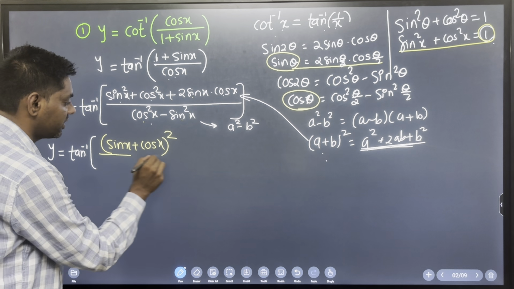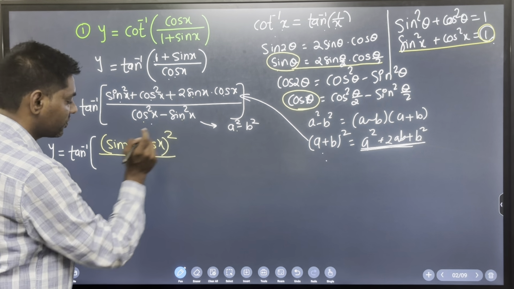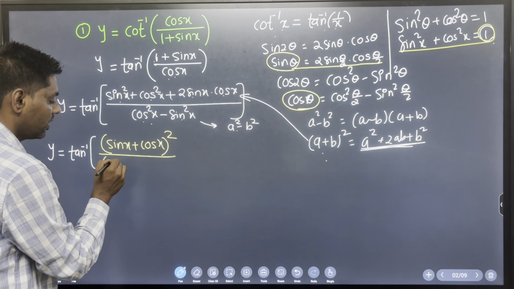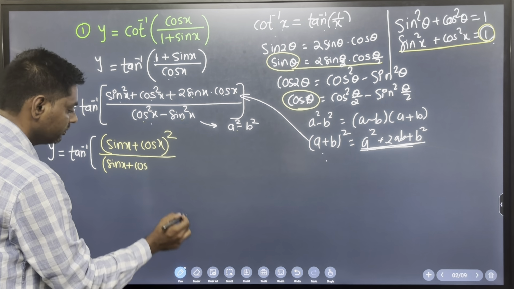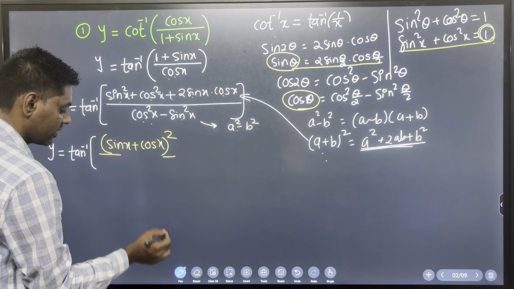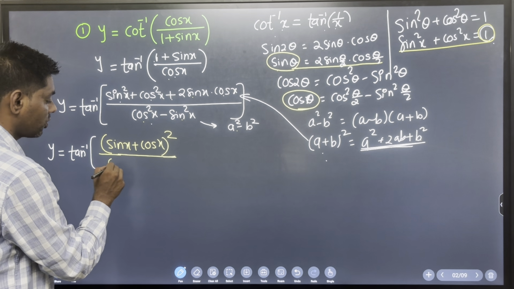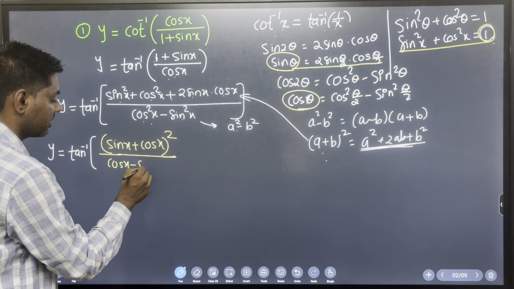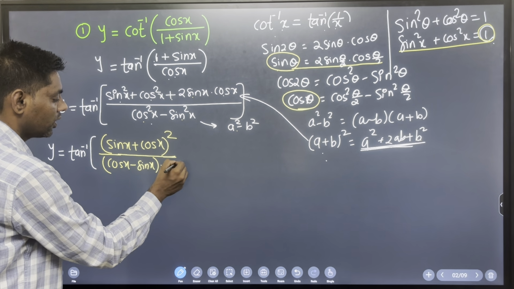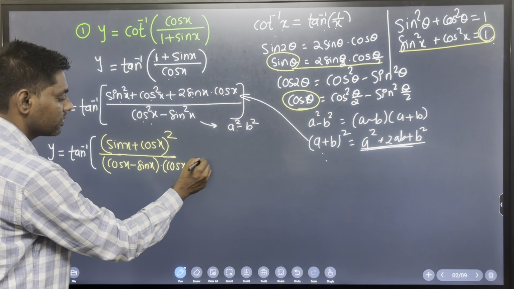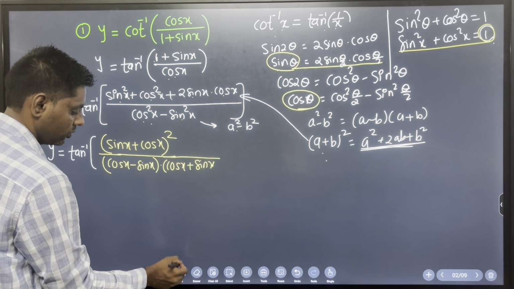And what is present at the denominator? By using this formula, it is very simple: (cos x minus sin x) into the next bracket (cos x plus sin x). The question is completed.